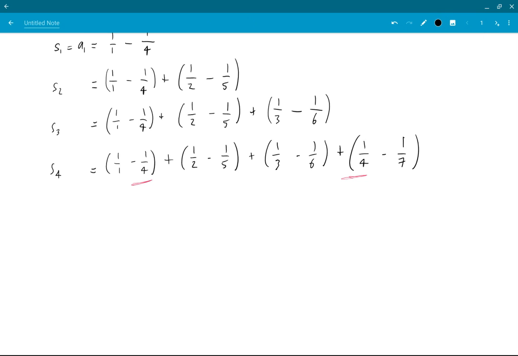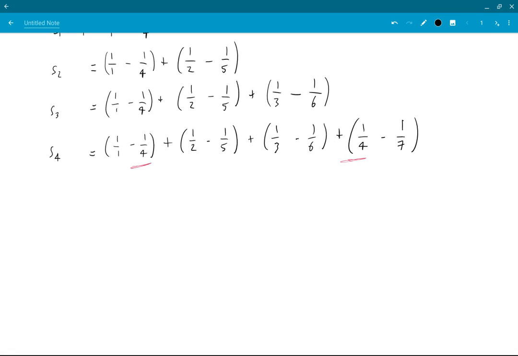So let's start thinking about the general term in this sequence. Let's write it all out.